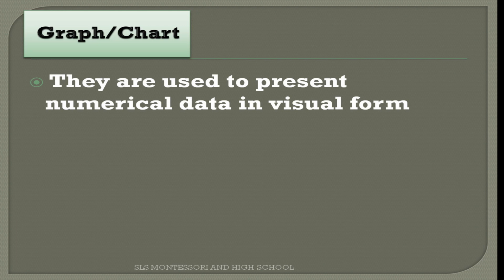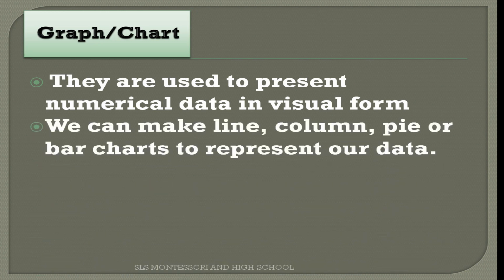We can see it in pictures like line, column, pie or bar charts. So the definition is they are used to present numerical data in visual form. We can make line, column, pie or bar charts to represent our data.